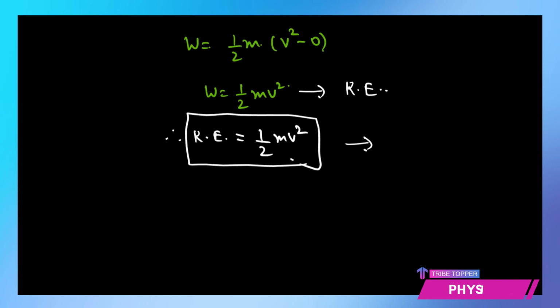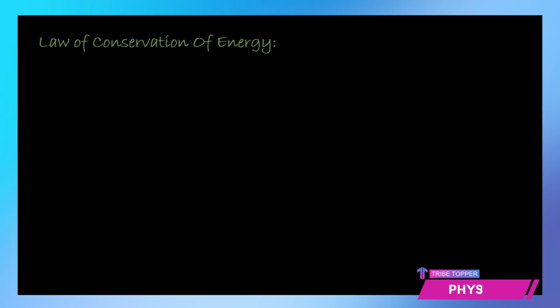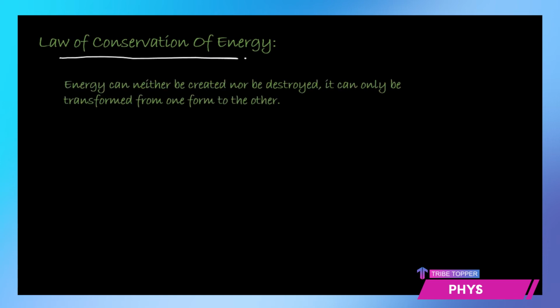So here comes the role of a very important law, which is the law of conservation of energy. This law states that energy can neither be created nor be destroyed. It can only be transformed from one form to the other form.